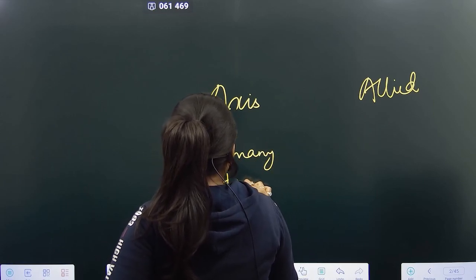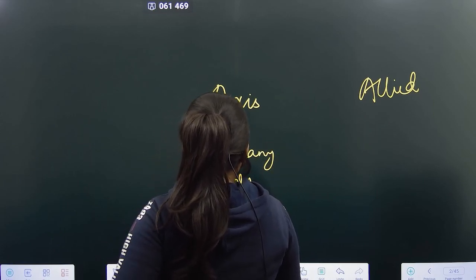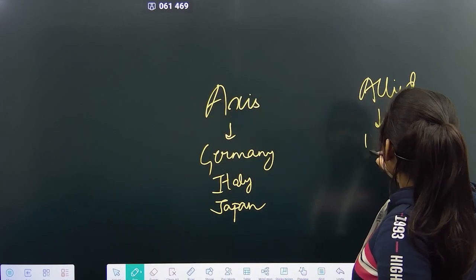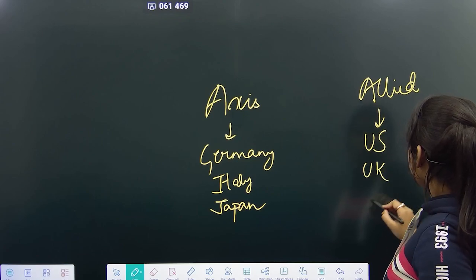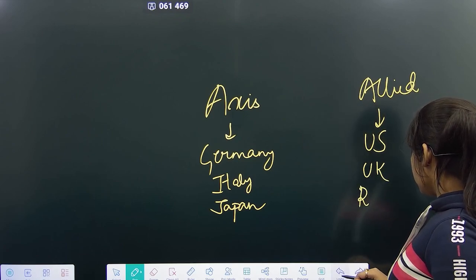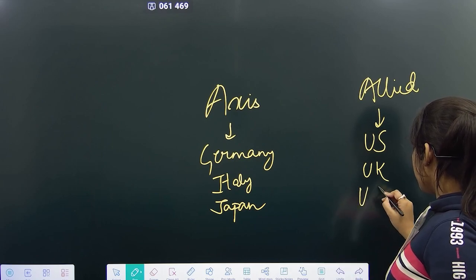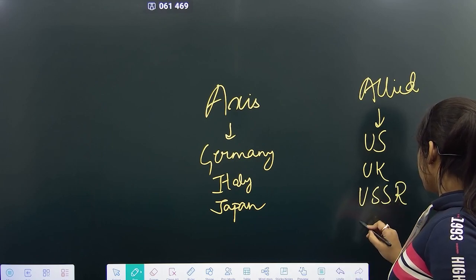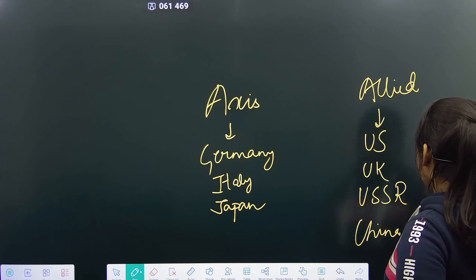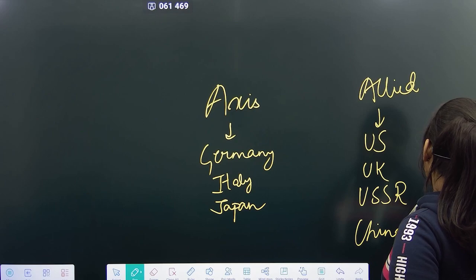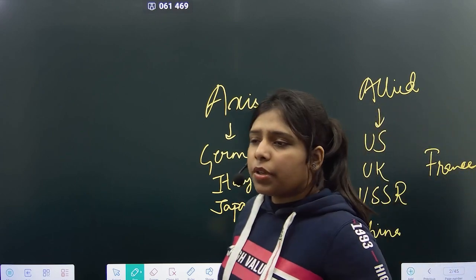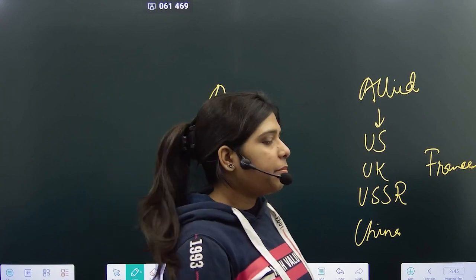And in the Allied powers, we had the US, UK, USSR, China, and France was also on this side. So these were the Allied powers.